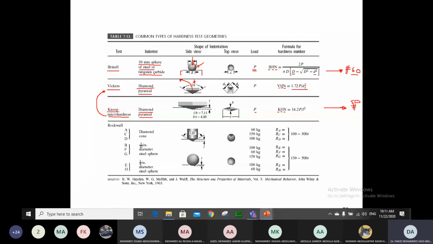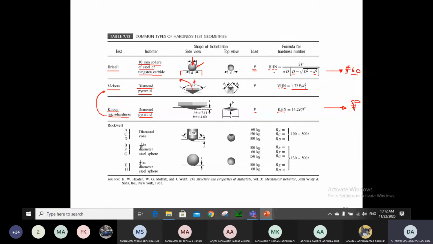If you have different shapes, like in the tensile test, will you compare cylindrical test specimen results with flat specimen results? Of course not, because the shape is different. Shape you need to standardize if you want to compare the results. So basically, the indenter shape and dimensions are different, and the material of the indenter is different. Not only that, but also the force that you are using is different.